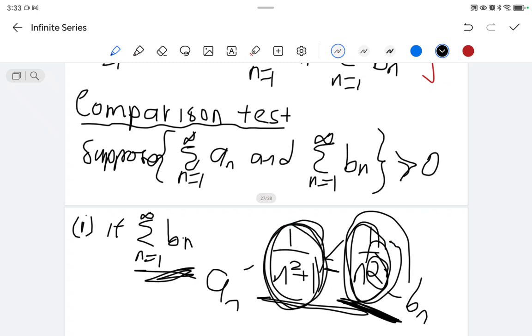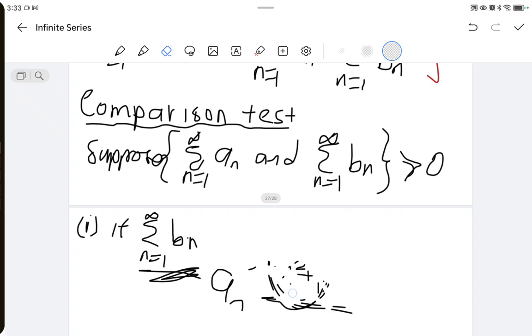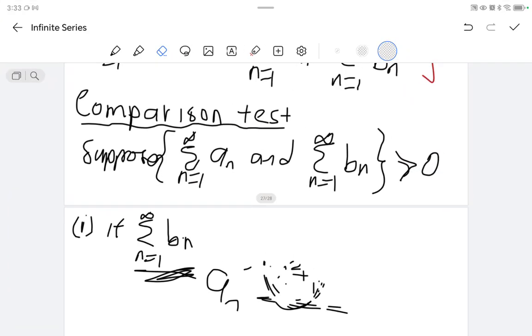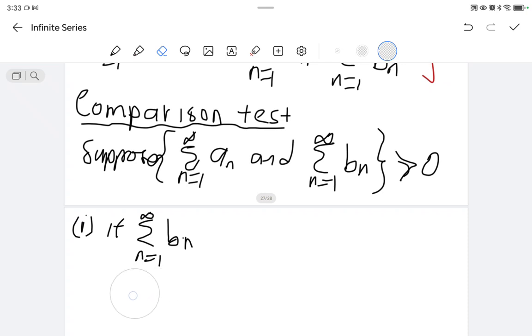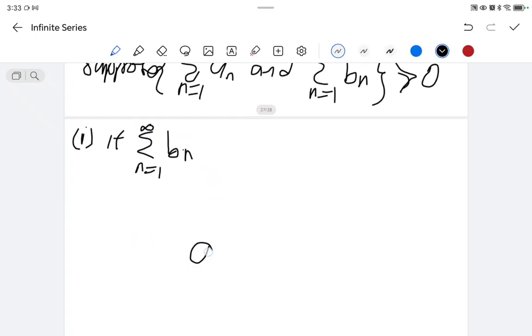So let's write it here. Remember I said we have a of n less than or equal to b of n. The first question we ask ourselves: is b of n convergent?